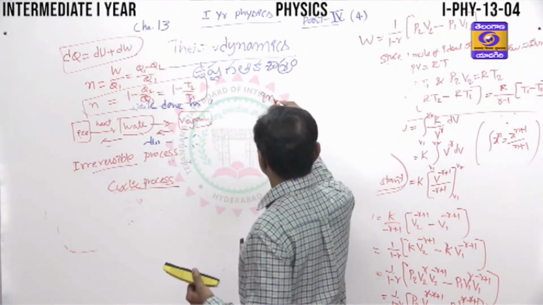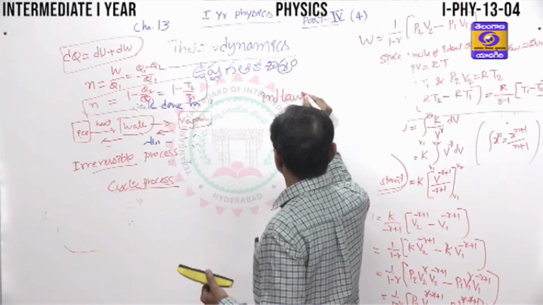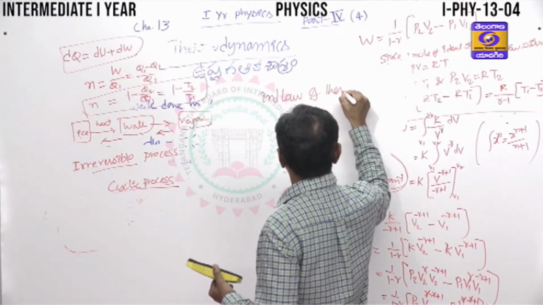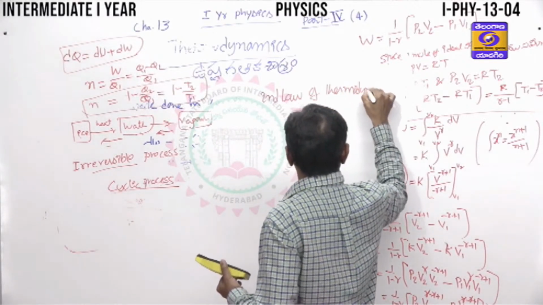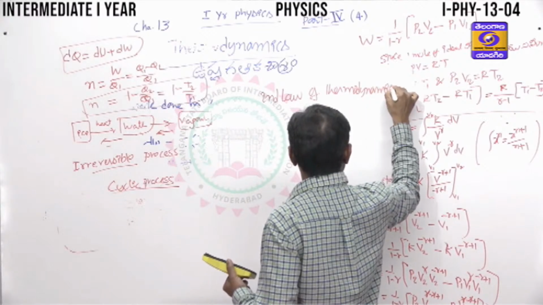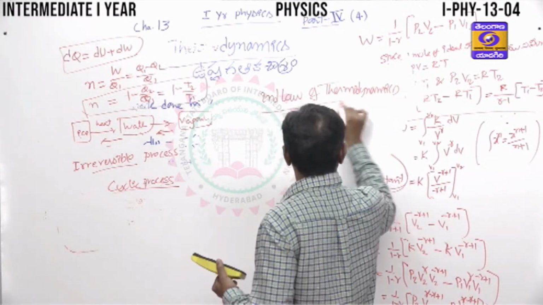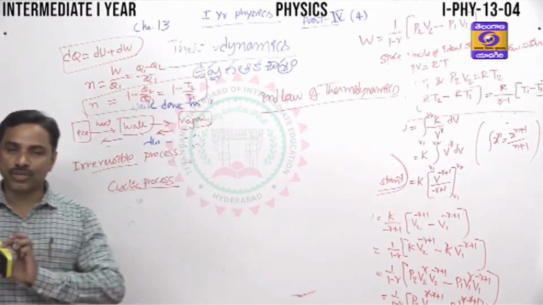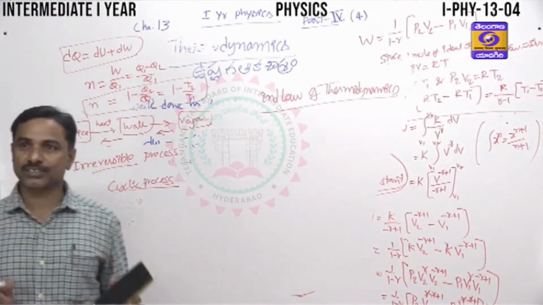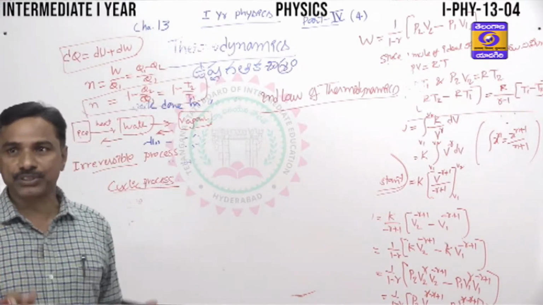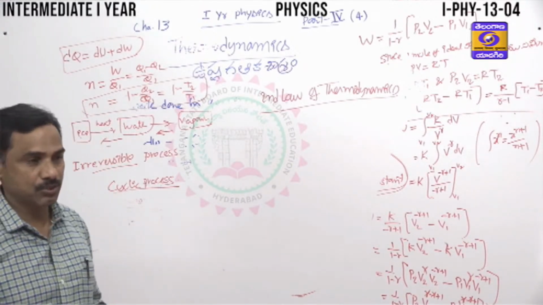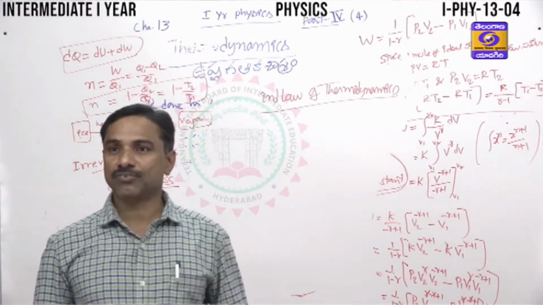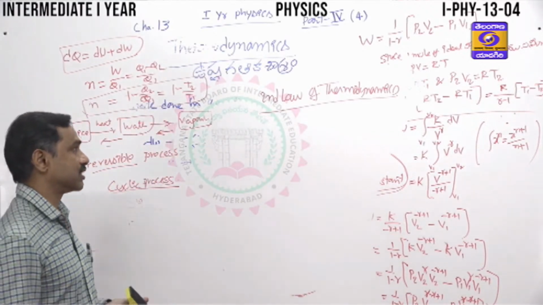This is the second law of thermodynamics. You have two different statements: the Kelvin-Planck statement and the Clausius statement.